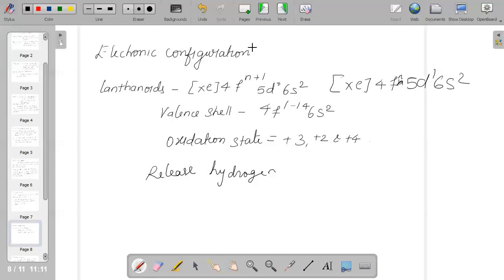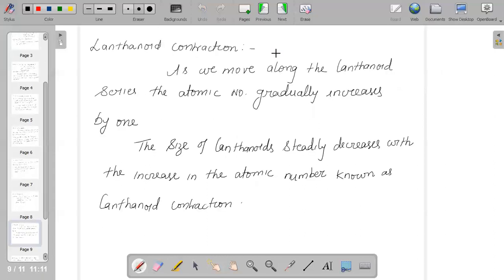But the most important concept of F block elements, or the question asked most of the time, is lanthanoid contraction. Why do we have lanthanoid contraction?